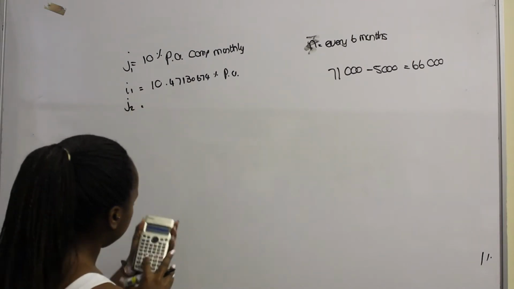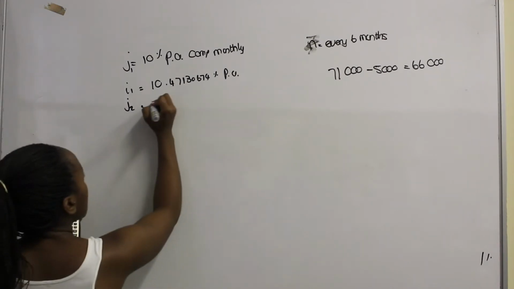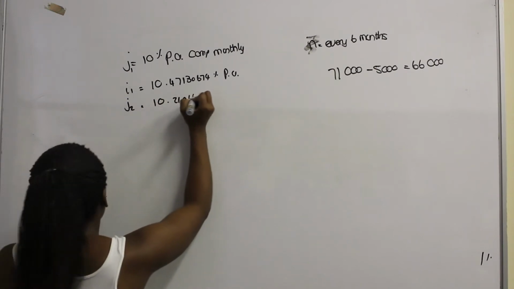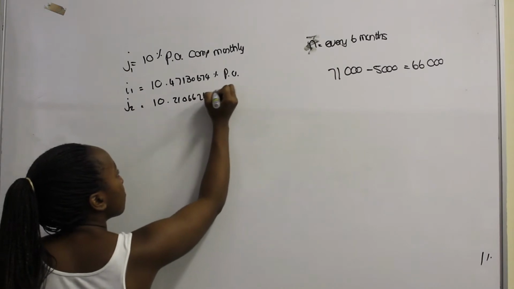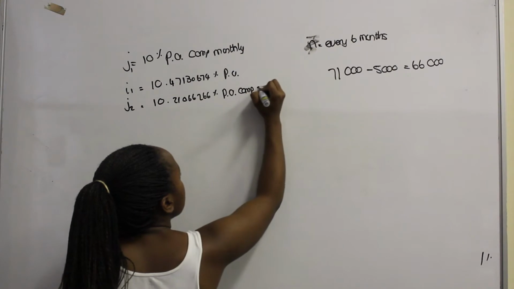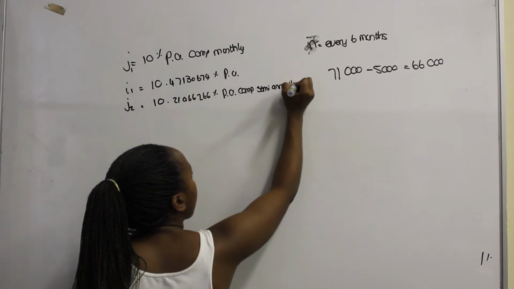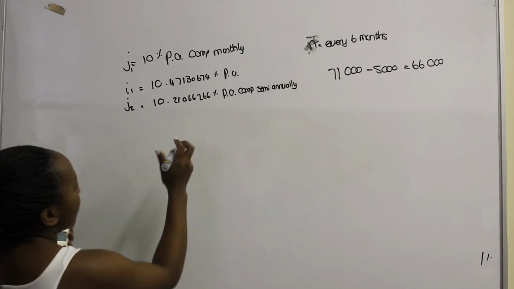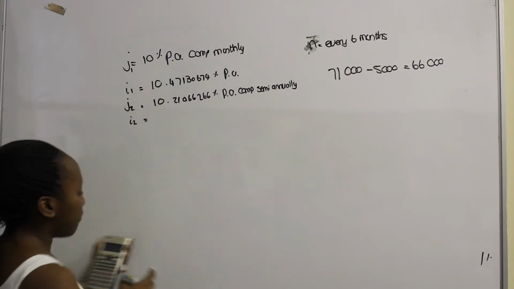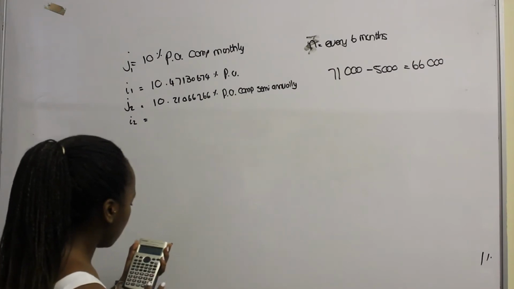But now we have to change the tool so that our second J is going to be: press convert again, press tool, and then go to APR. It gives 10.21066266% per annum, compounded semi-annually. And then to get our interest effective for this period, press on ends and then you divide by 2.